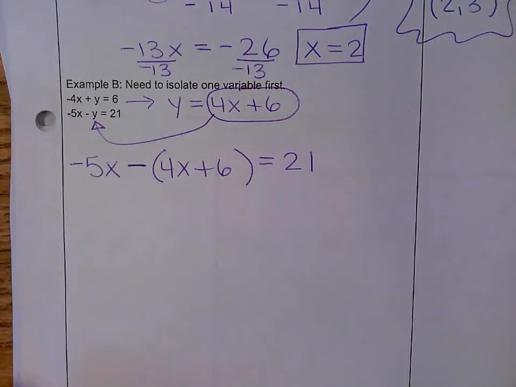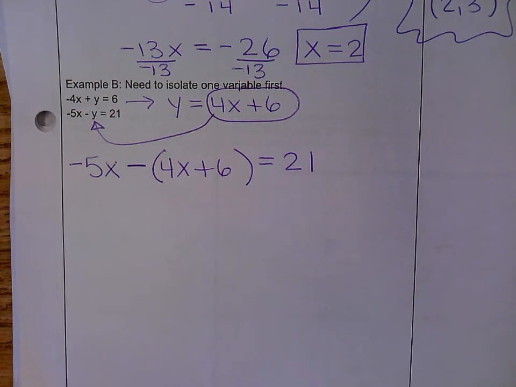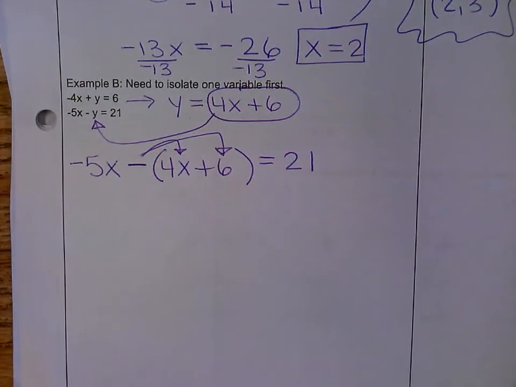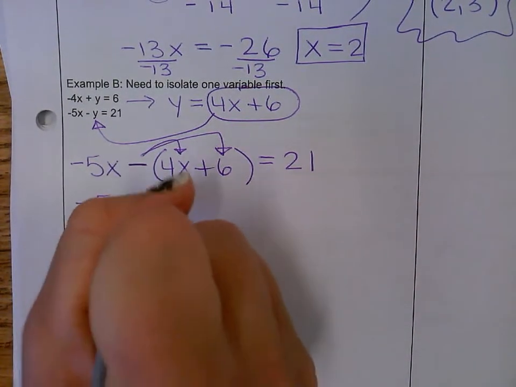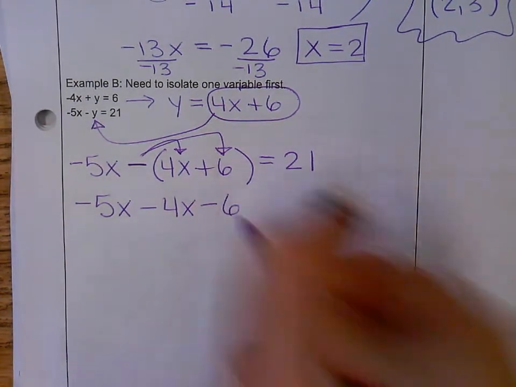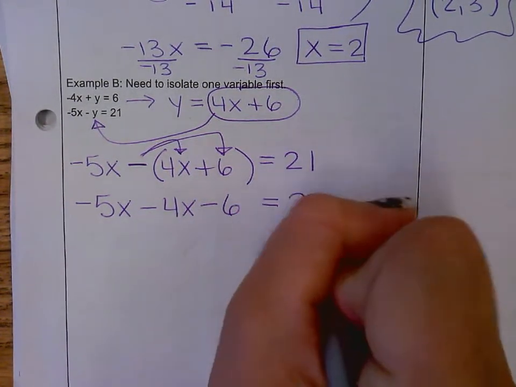And then equals 21. So the process is the same every time. Now you need to use the distributive property. So I'm going to distribute that negative sign into the parentheses. Negative 5x minus 4x minus 6 equals 21.